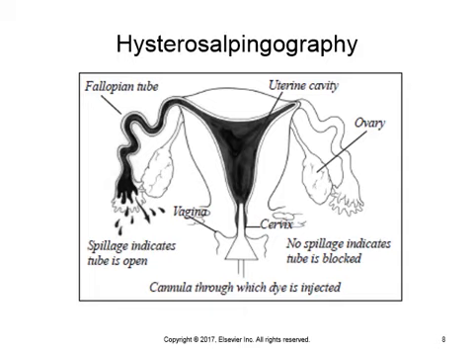This is where an instrument is placed into the cervix, and then contrast is injected into the cervix retrograde, so the contrast flows in through the device up into the uterus, and then the expectation is that it will then flow through the entire tubal system as it does normally on the left here, and then you'll see it flow out near the fimbria, and it spills into the peritoneum, and that is normal.